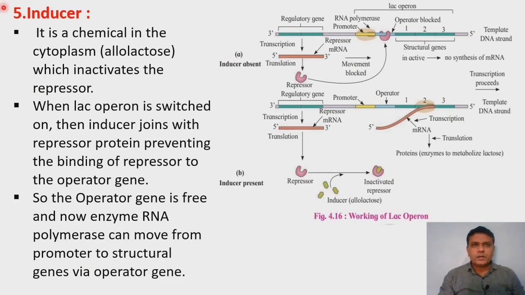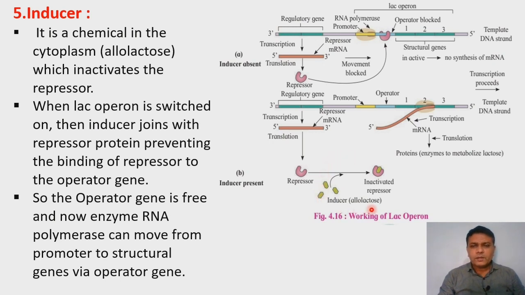The inducer is not a component of the Lac-Operon model, but it plays an important role in the process of lactose metabolism. So the inducer is a chemical in the cytoplasm called allolactose, which inactivates the repressor. Now here we can see the inducer called allolactose.